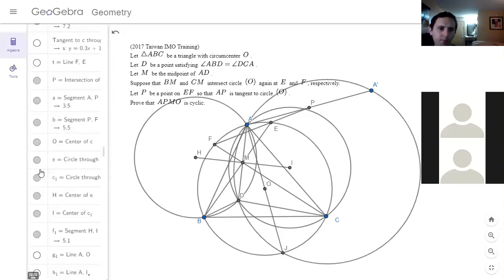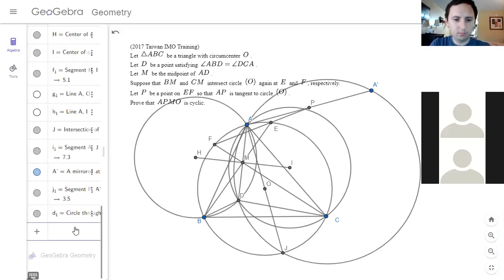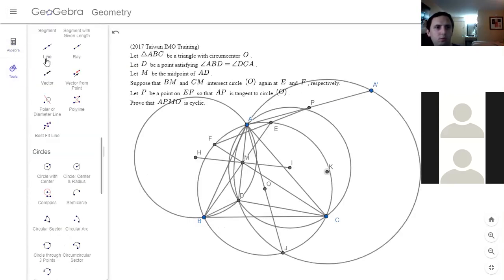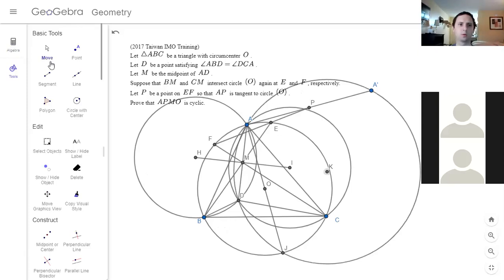So maybe we could show angle AKP equals angle AB.